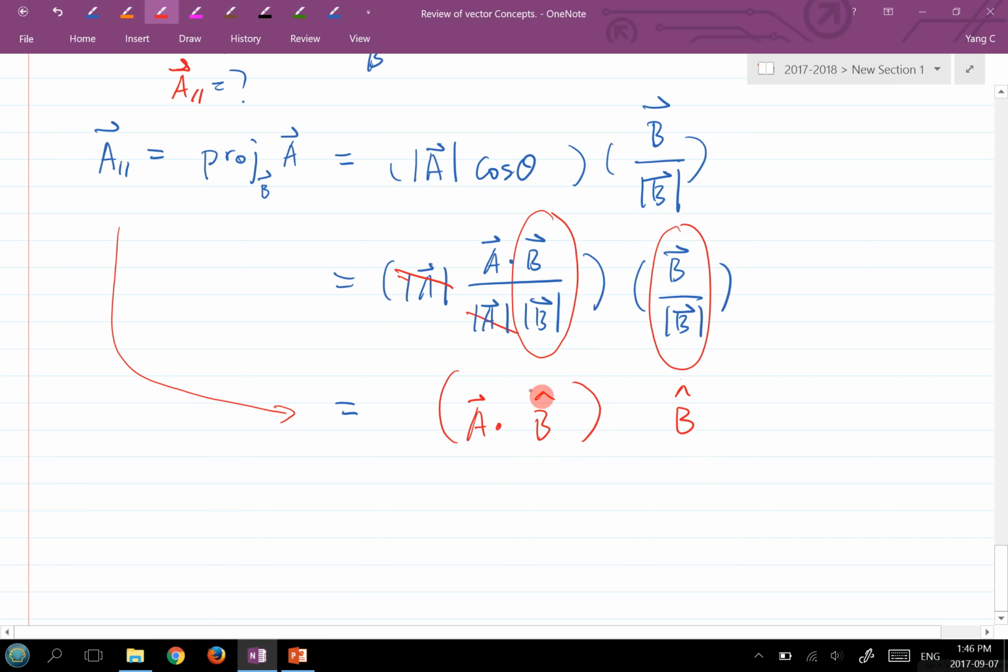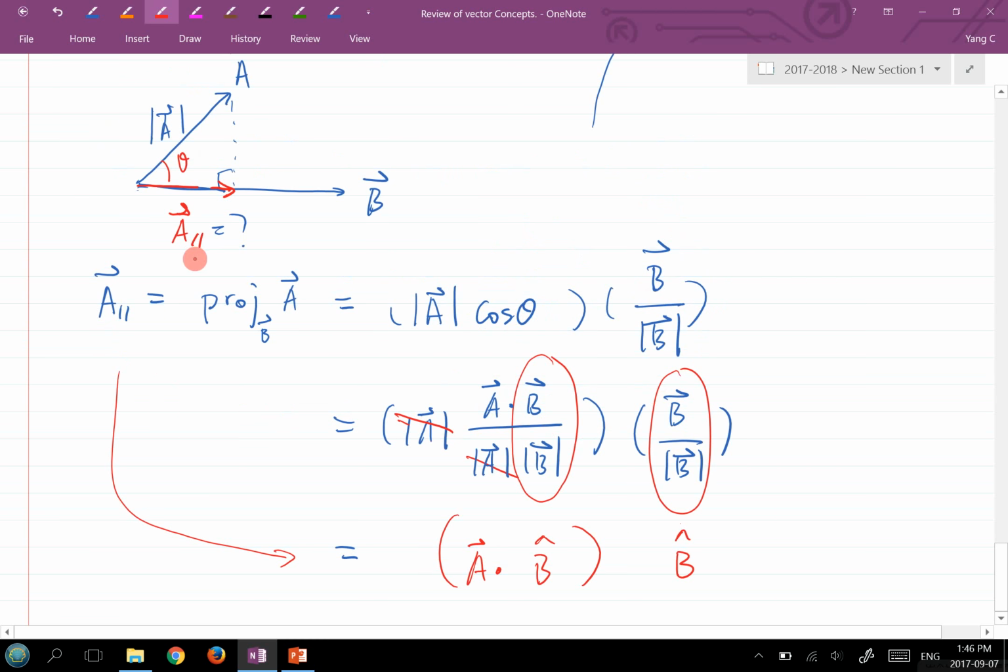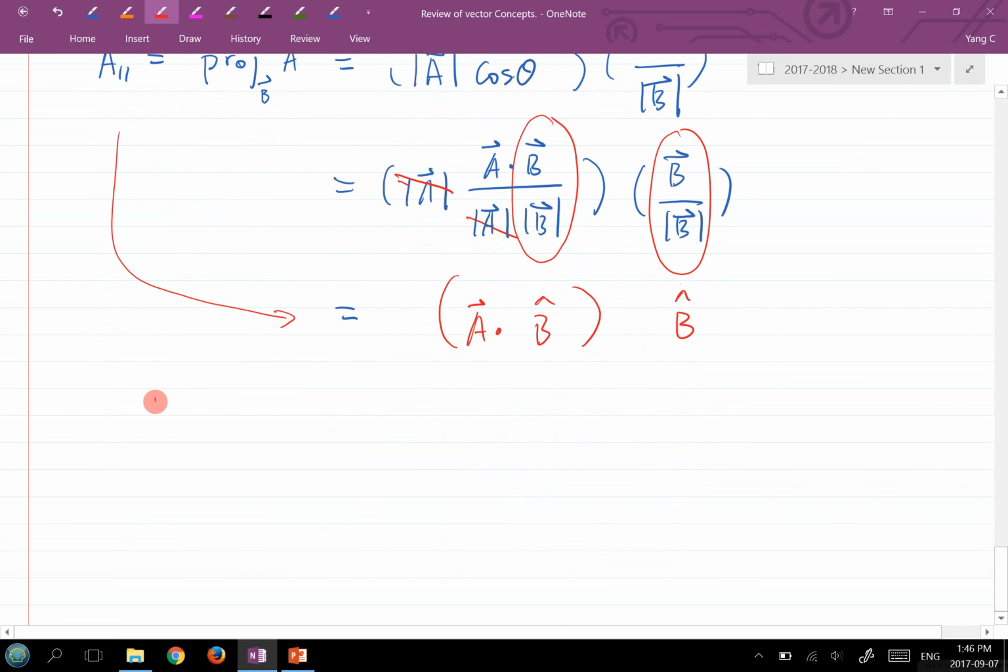Direction. Then what's this one? The length, right? So A dot B hat is the length of this A parallel. Basically, I can conclude that A dot B hat is the projected length of A parallel. Does that make sense? Okay.